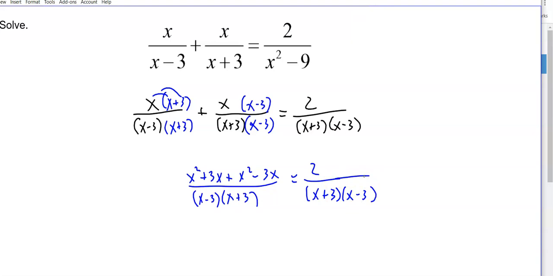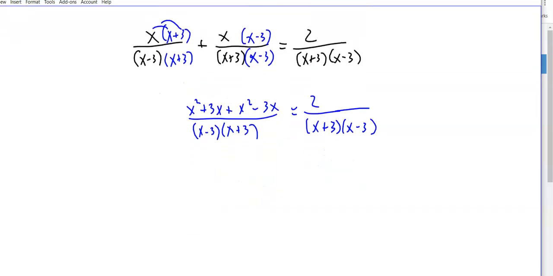Since they're both, at some point, don't we need to multiply by the LCD, right? The top left will be 2x squared. Top right will be 2.